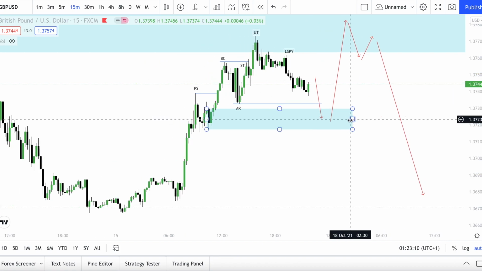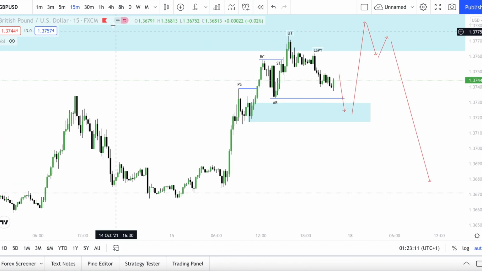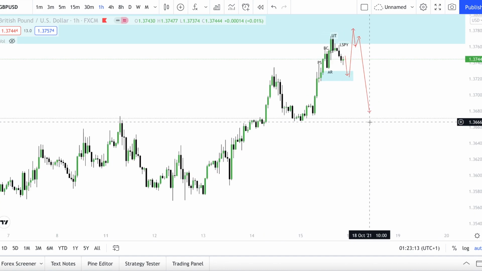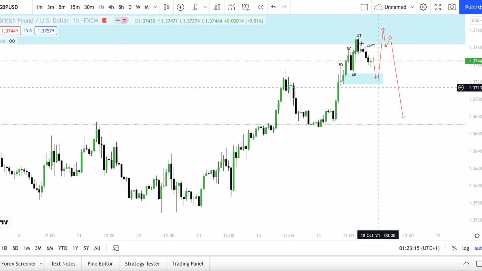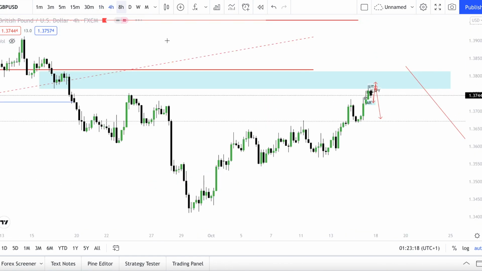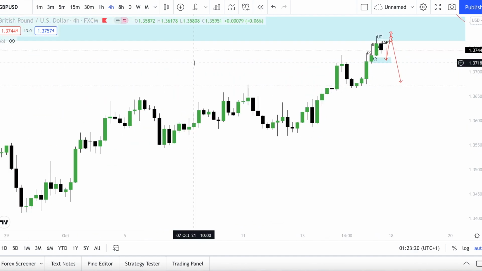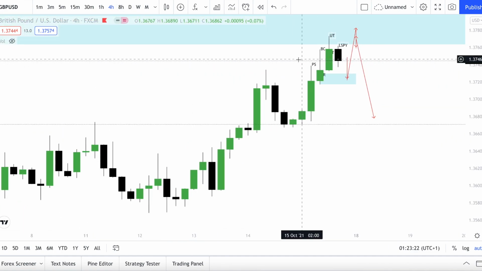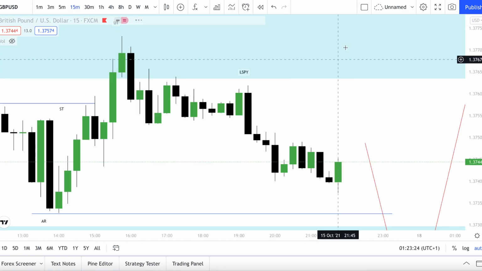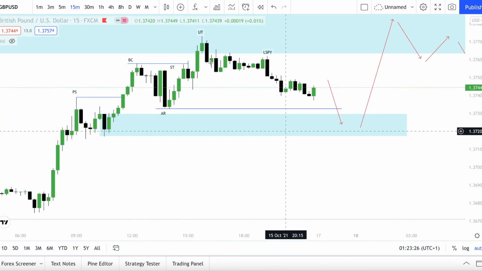So this is what a Wyckoff looks like, and price will still be within this order block. And that's if this does play out on a 15 minute time frame.